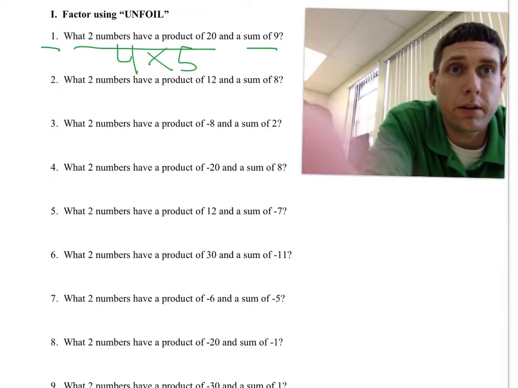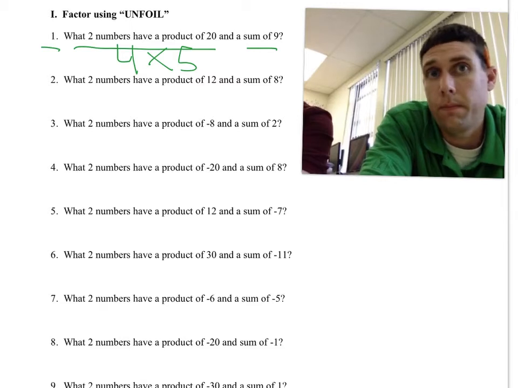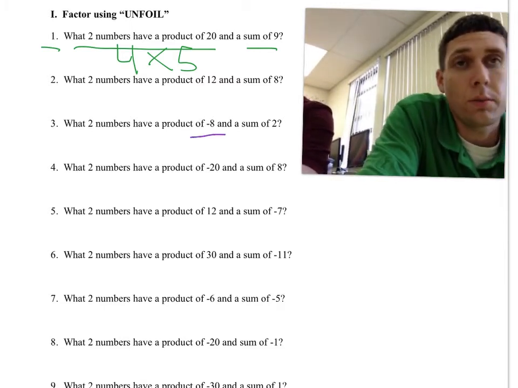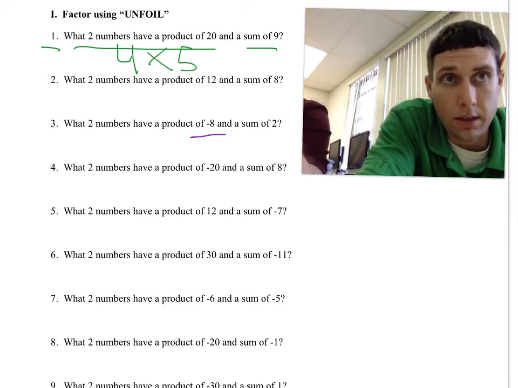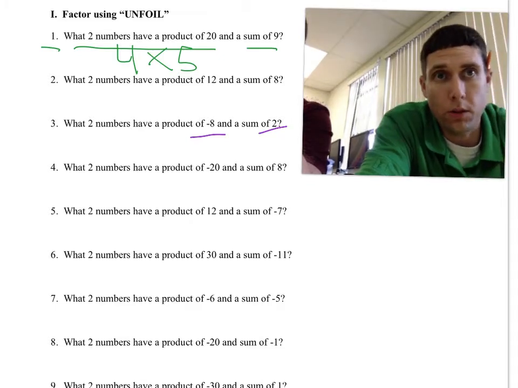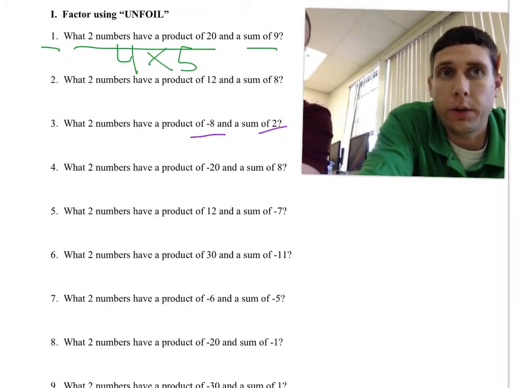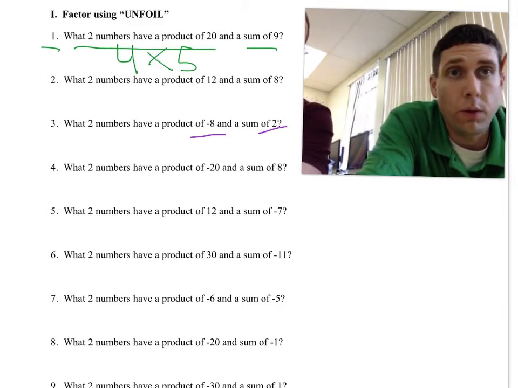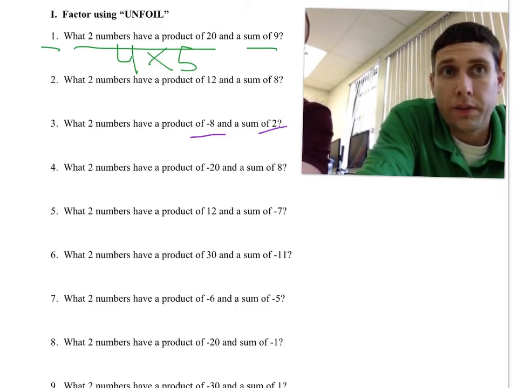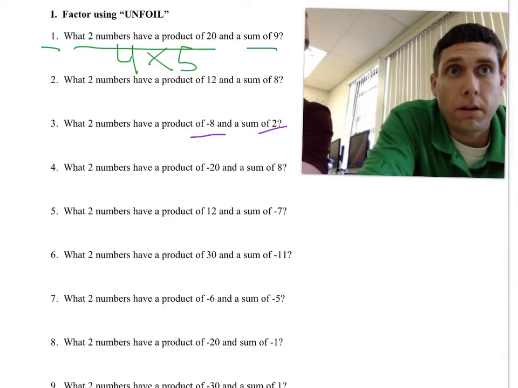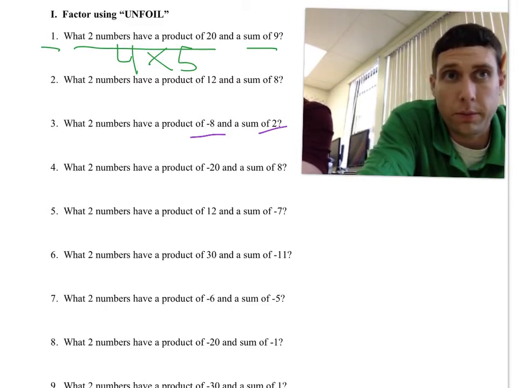Let's skip down and try number 3. What two numbers have a product of negative 8, which means they multiply to negative 8, but add up to a positive 2? When we multiply to a negative, the signs have to be different, so we want one positive number and one negative number. Also, they add up to a positive 2, so the bigger number needs to be positive.